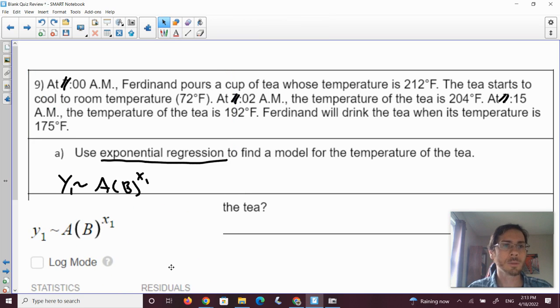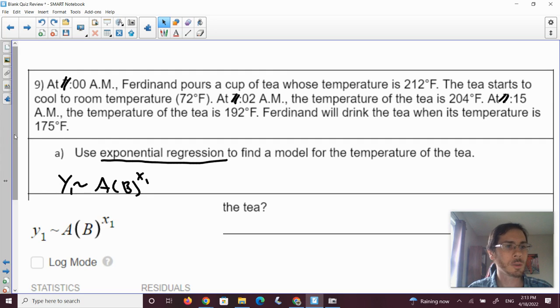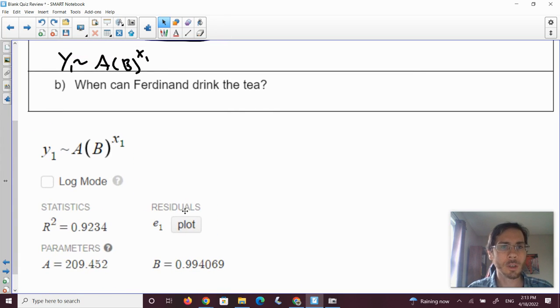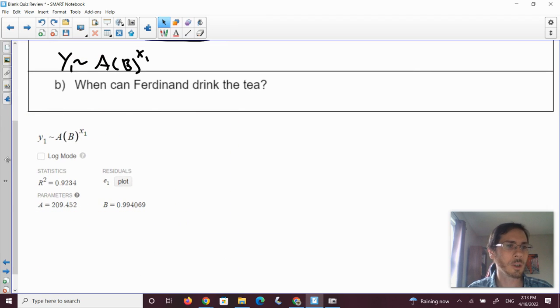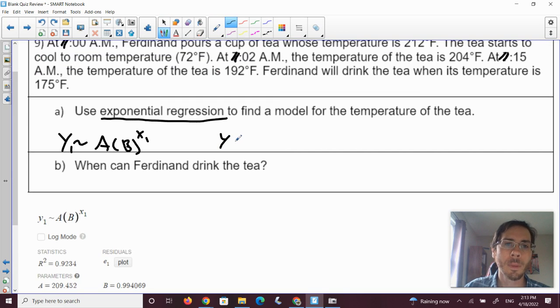Okay, so our equation then is going to become y equals, A is 209.452, B is 0.994069, and then x is just going to be x.